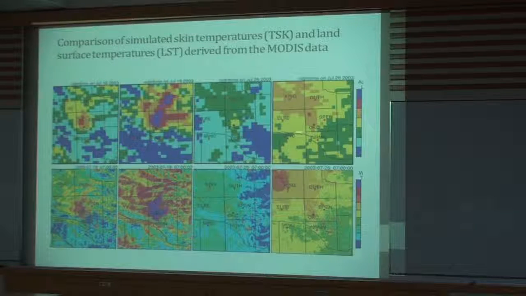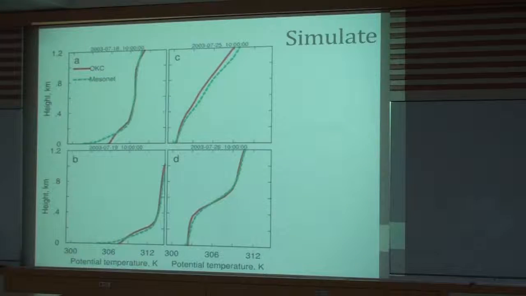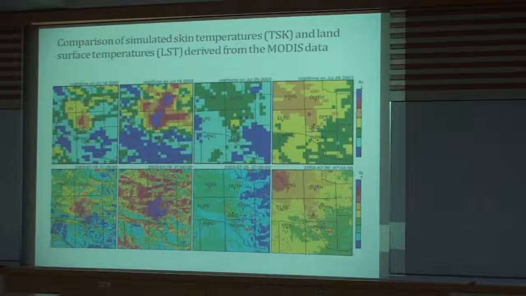The weak case is underestimated in this area, but maybe we don't have much data in this area, so we cannot be sure whether the simulation is wrong or right. Here it's just based on the MODIS data. We don't have the observation data of the campaign.